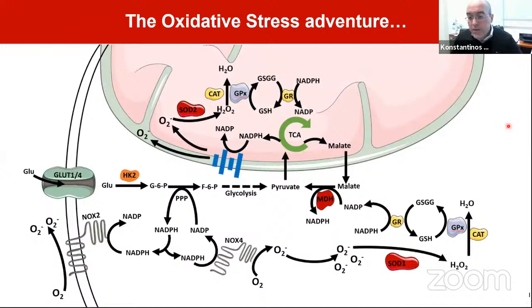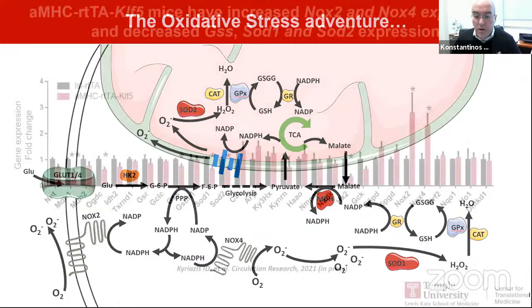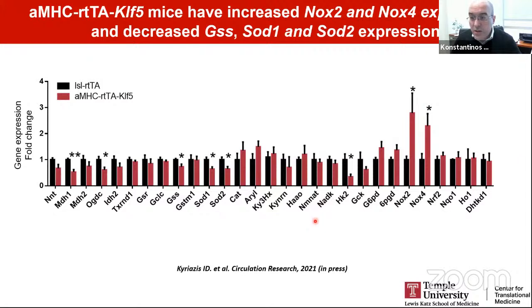And this is how we got into the oxidative stress adventure. I'm saying adventure because there are so many proteins involved in oxidative stress and the redox balance in cells. So we started with a massive assessment of gene expression for almost 30 different genes that encode proteins associated with oxidative stress.